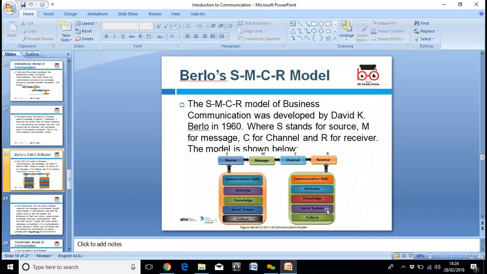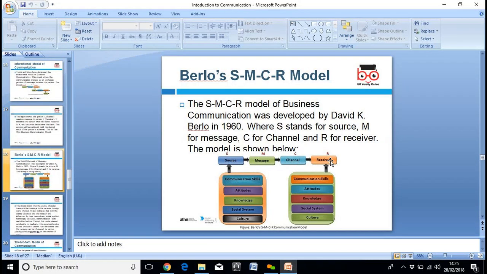But again, it's showing a similar pattern where you've got the source and the way the source acts in this stage is also part of it. So you're looking at the culture, the social system, the knowledge, the attitudes, and the communication skills that are coming from the source and the message through the channel to the receiver.